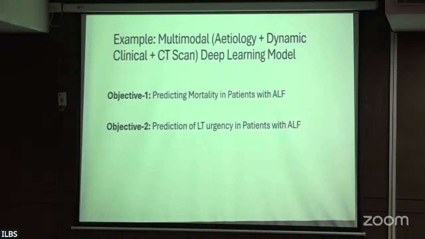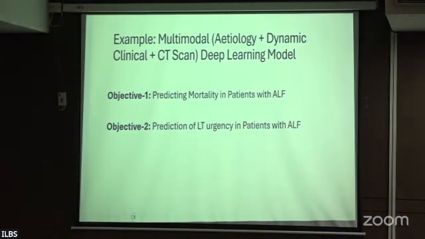One example I want to show is on RLVS data. Recently, I have processed data from patients with acute liver failure who have mild, moderate or high level of hepatic encephalopathy. The data was from baseline etiology and dynamic clinical parameters, and CT scan was taken.